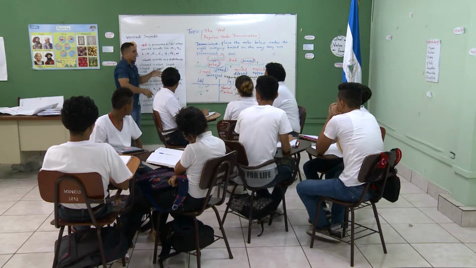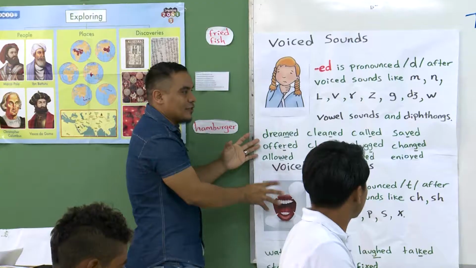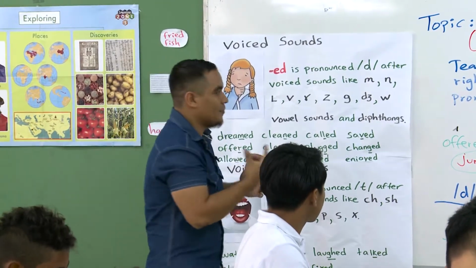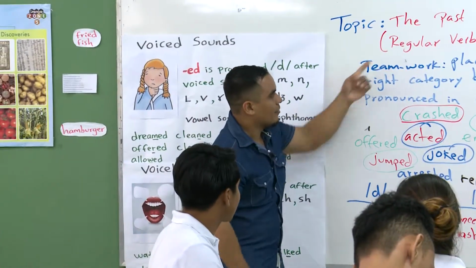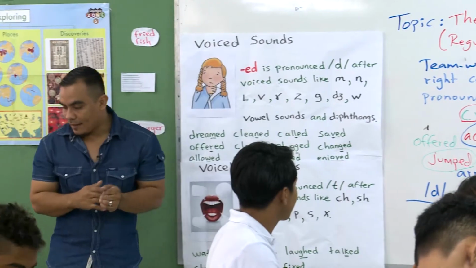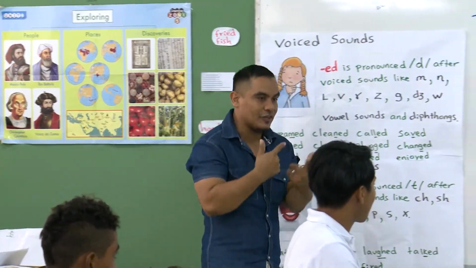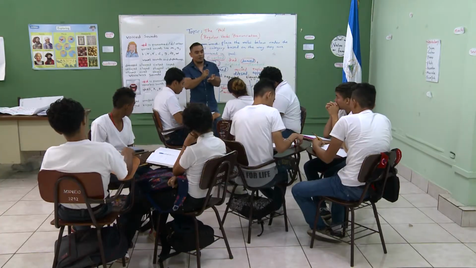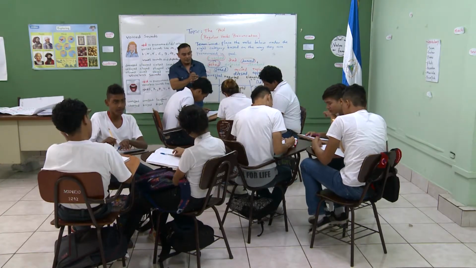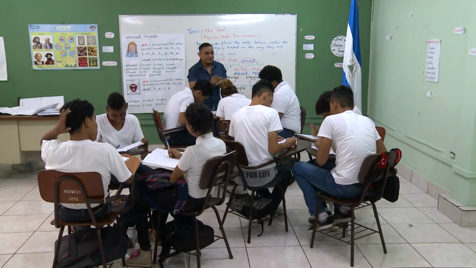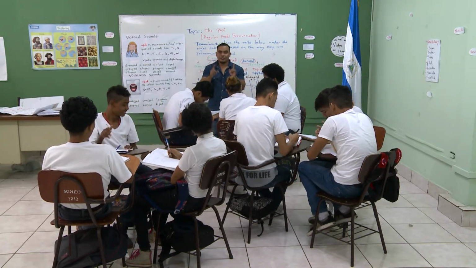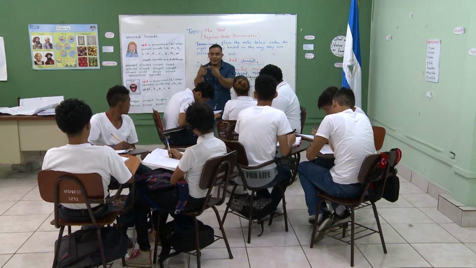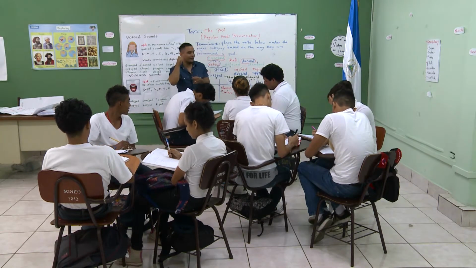Your homework is to study this information because this is really essential if you want to pronounce the simple past of regular verbs correctly. And the other assignment: you're going to write a paragraph describing what you did yesterday, saying the activities you did.